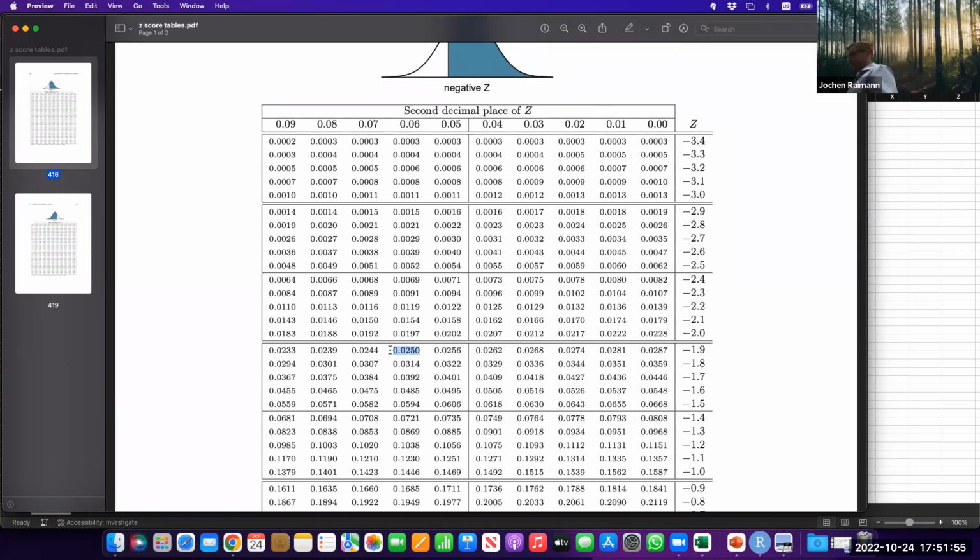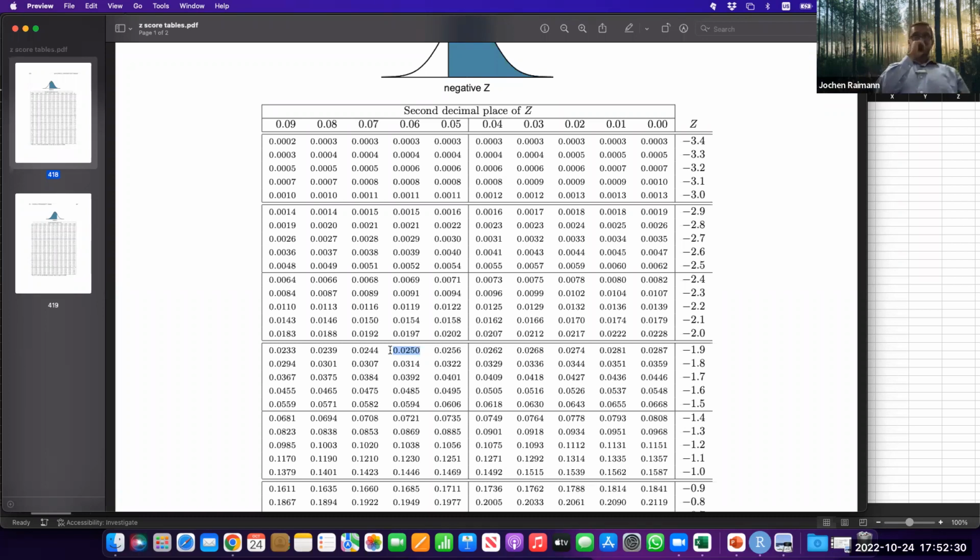And you need to assume this to be doubled, because you have two tails. You're taking 2.5% multiplied by 2, which gets you this 5% alpha that we will discuss next time. So 1.96 is essentially the threshold of a z-score where you have standardized your distribution of the differences that will lead you to reject your null hypothesis that there's no difference between your sample mean and your population mean.